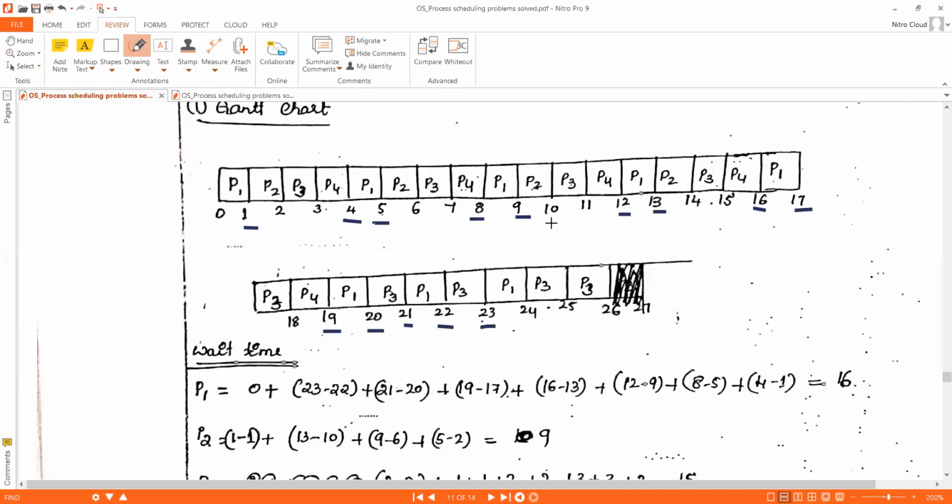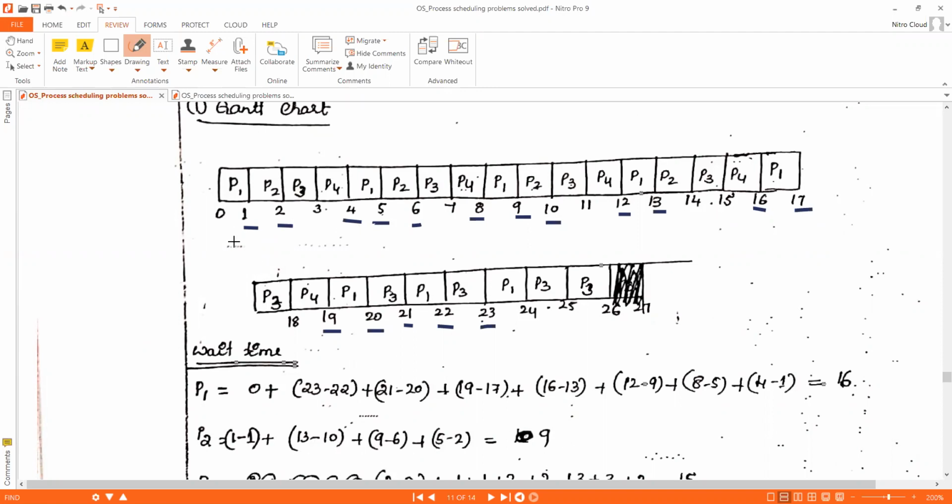Previous preempted time for process 2 is 10 milliseconds. 13 minus 10 plus 9 minus its previous preempted time, which is 6. 9 minus 6 plus 5 minus its previous preempted time, which is 2. Like this, we sum all these things and we'll get the waiting time of process 2.